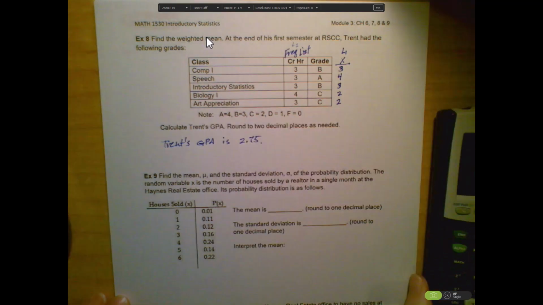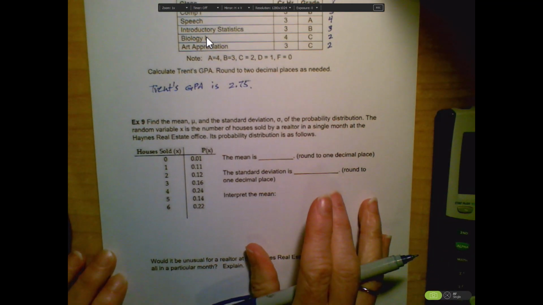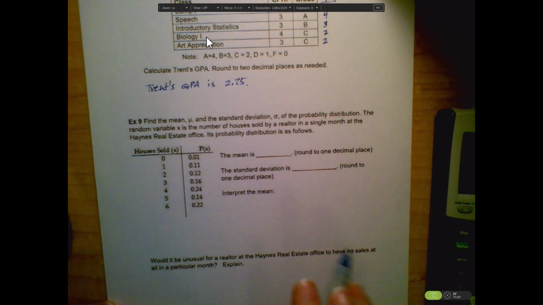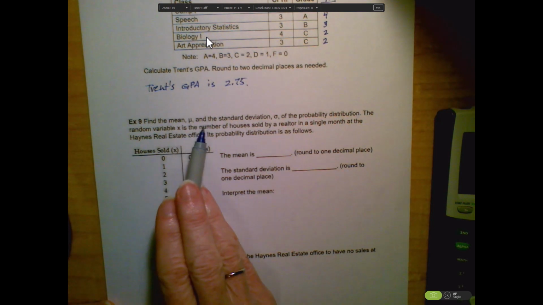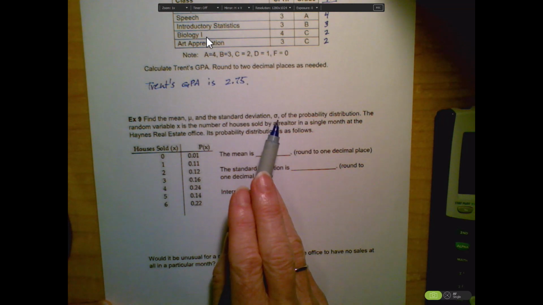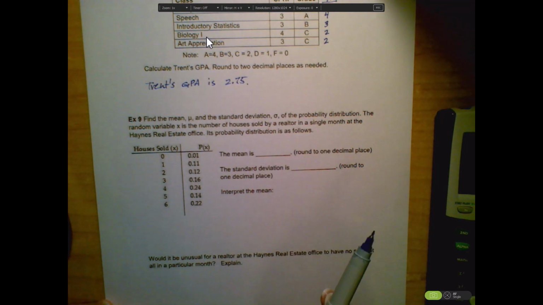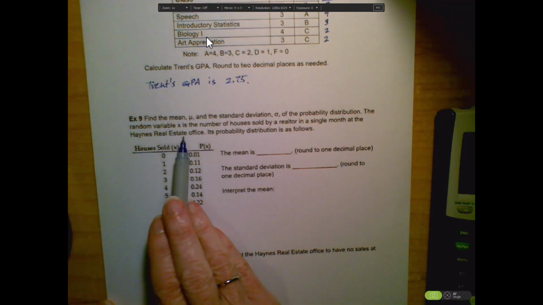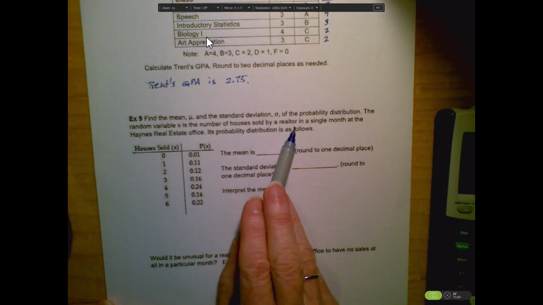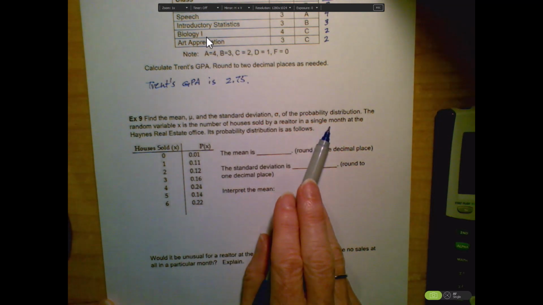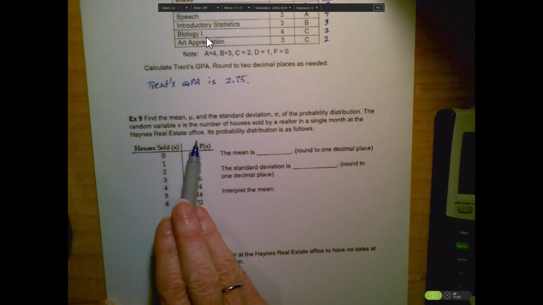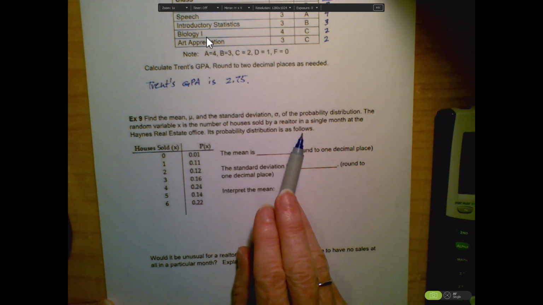Okay, let's look at example 9. And now we're finding the mean, mu, and the standard deviation, sigma, of this probability distribution. The random variable x is the number of houses sold by a realtor in a single month at Haynes Real Estate Office. Its probability distribution is as follows.